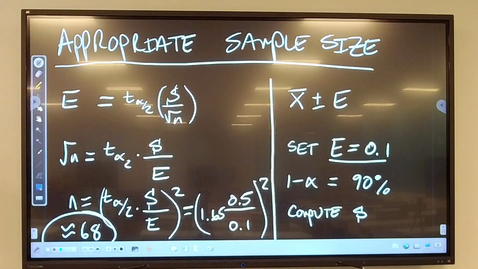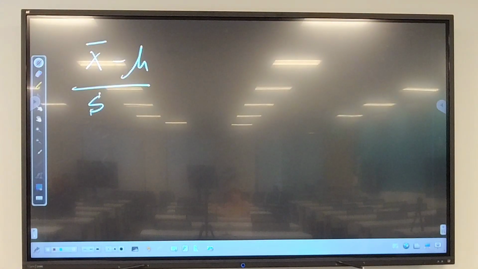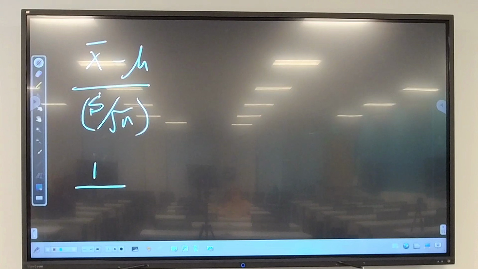If I look at my regular old test statistic, it has the form of having some number on top, and where does n live?